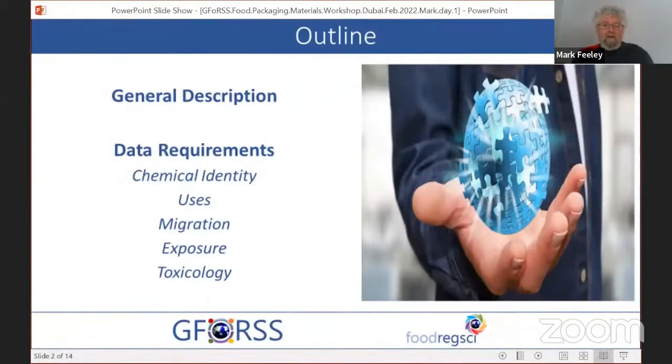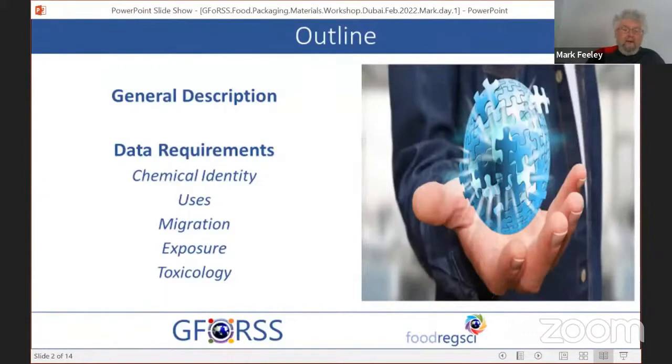So in the outline of this presentation, we'll provide an introduction in terms of what type of data is required by Health Canada in terms of making an opinion about the acceptability of a packaging material. This includes providing information about the chemical identity of the packaging material and potential uses.